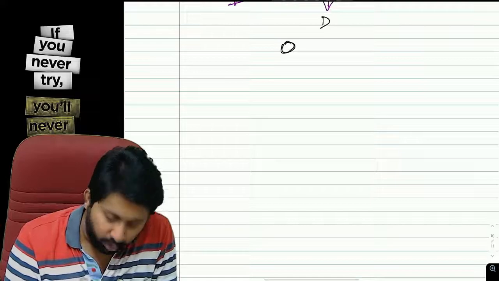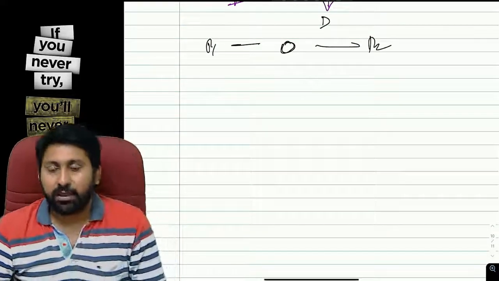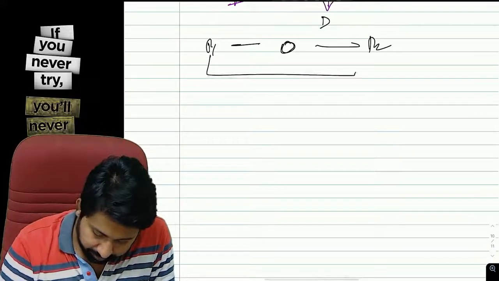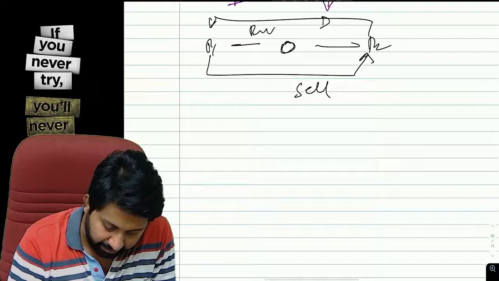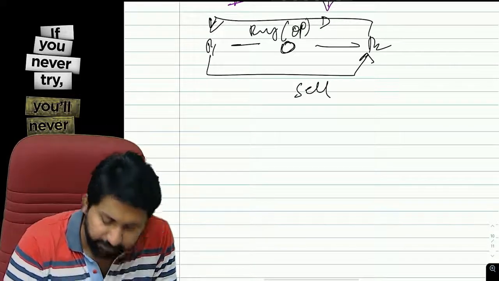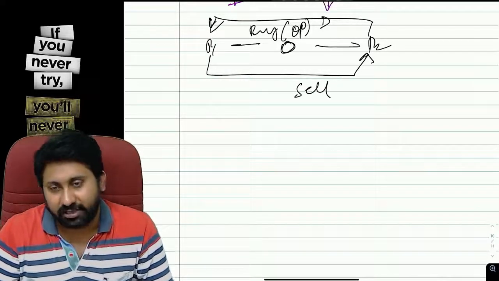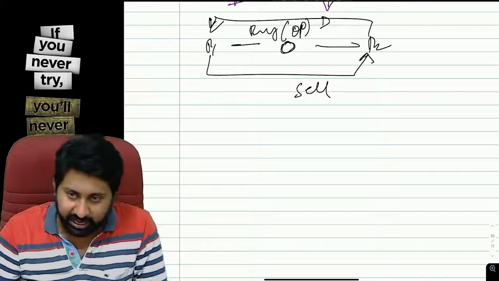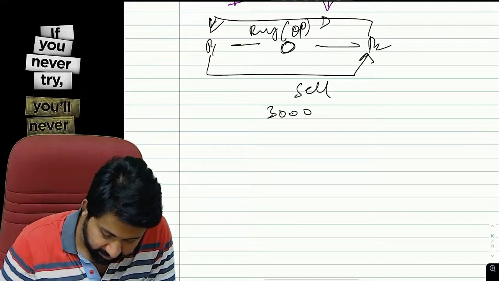In options, two parties will be there, party 1 and party 2. Party 1 says I will sell, party 2 says I will buy. This buying is only an option for him, it's not an obligation like a forward. Means what? On that day I said I will buy at 3000.